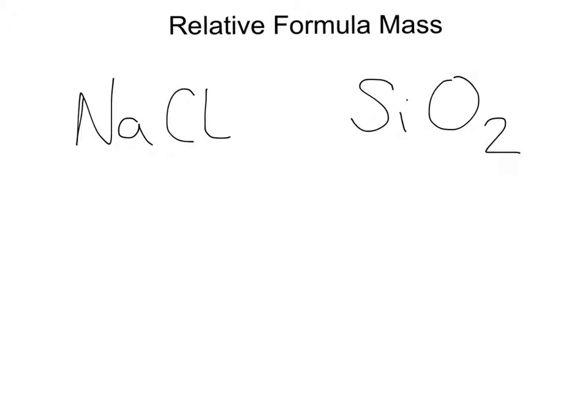You can find the relative formula mass by adding together the relative atomic masses of each atom making up a formula unit. So, for example, we are going to take calcium bromide, CaBr2. The relative formula mass we can find out using the relative atomic masses.